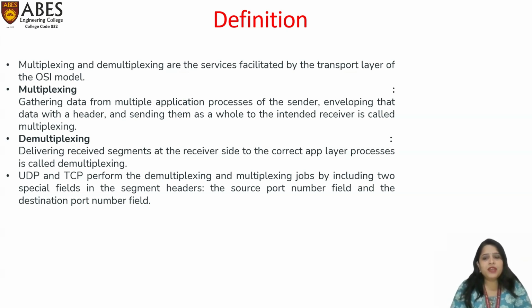At the transport layer, we have two most important protocols, transmission control protocol and user datagram protocol, for doing multiplexing and demultiplexing. If we use user datagram protocol, then this process is called connectionless multiplexing and demultiplexing, because UDP is a connectionless protocol.